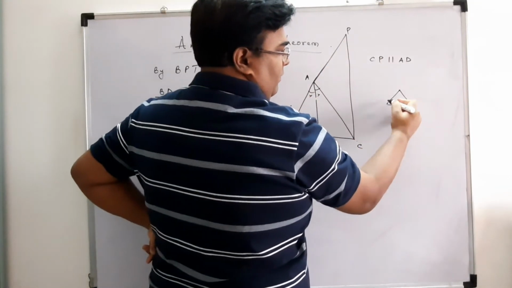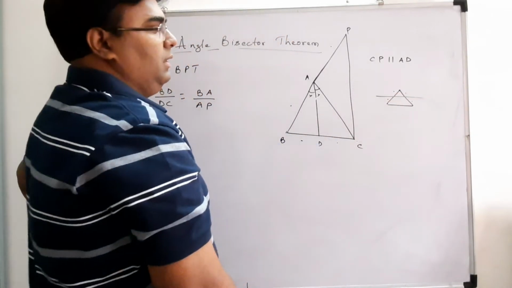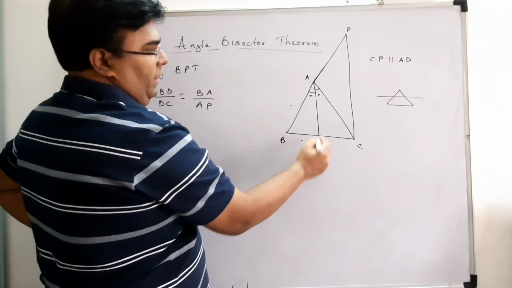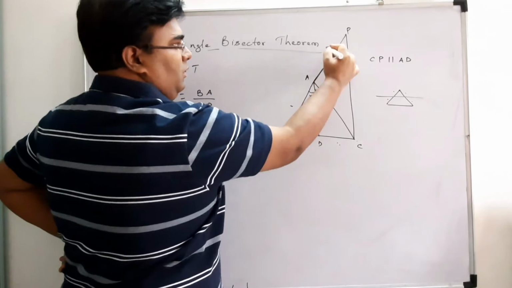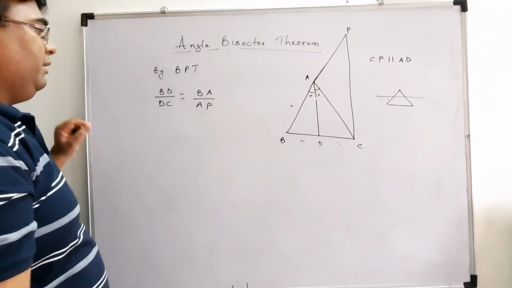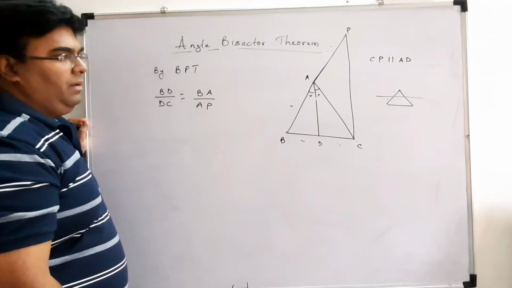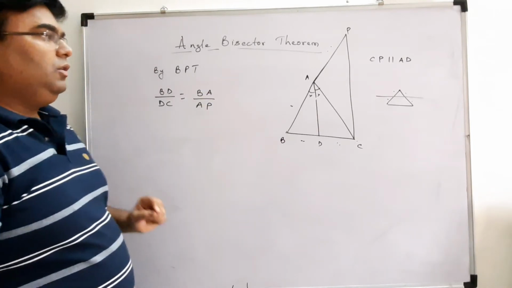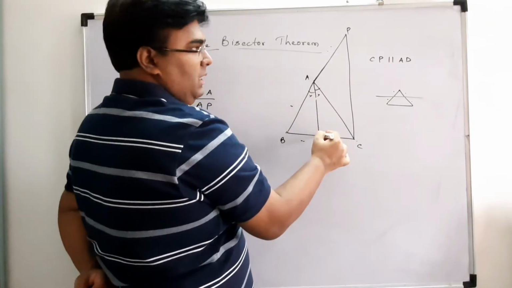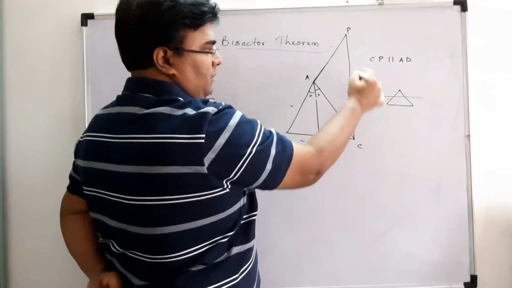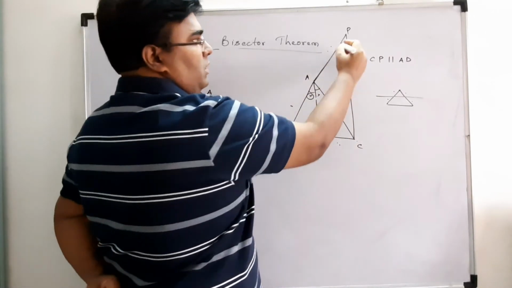In BPT, what we have done? If this is parallel to this, this upon this is equal to this upon this. Similarly, if AD is parallel to CP, this upon this is equal to this upon this. Same thing I have written here. So BD upon DC is equal to BA upon AP. Right? Now see here. Since AD is parallel to PC, this angle is equal to this angle.